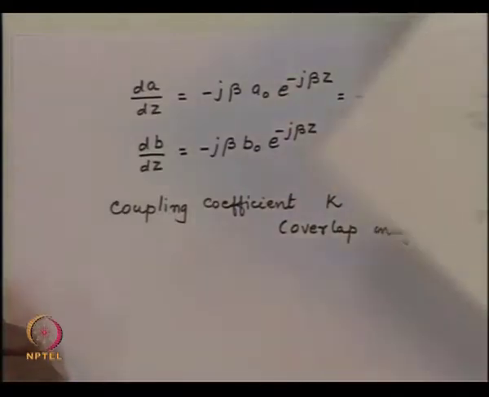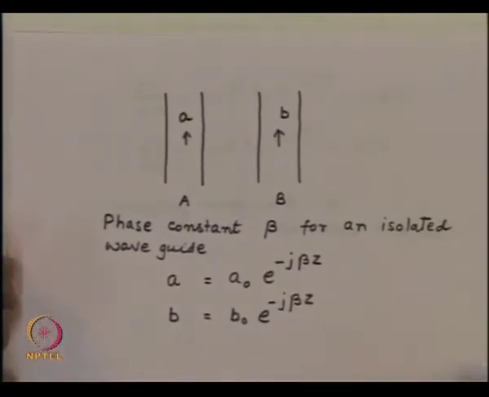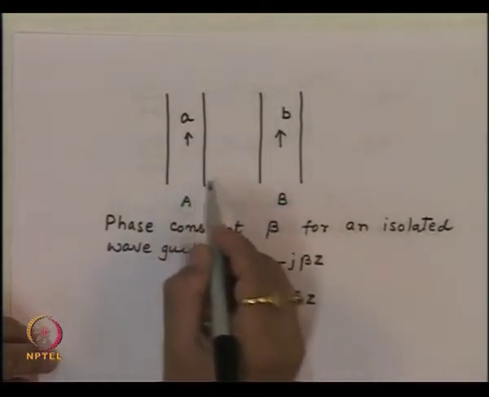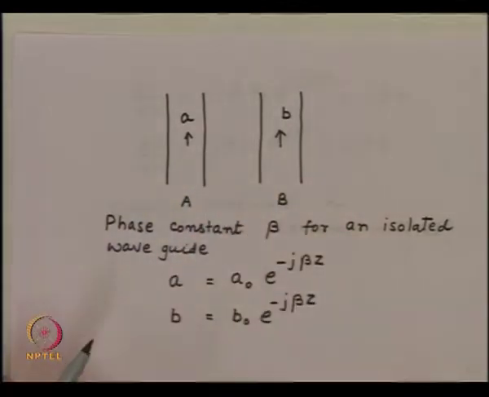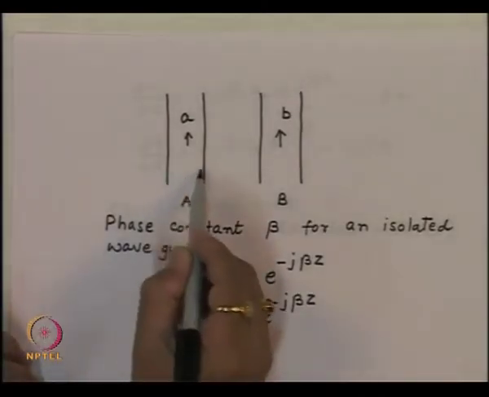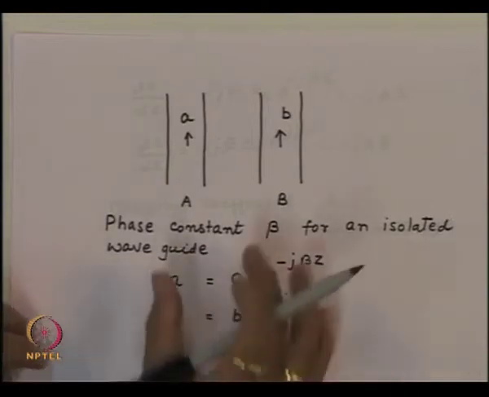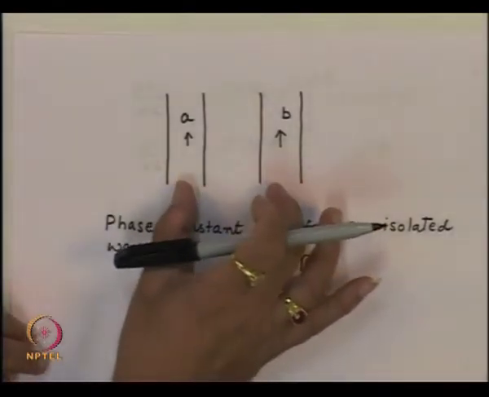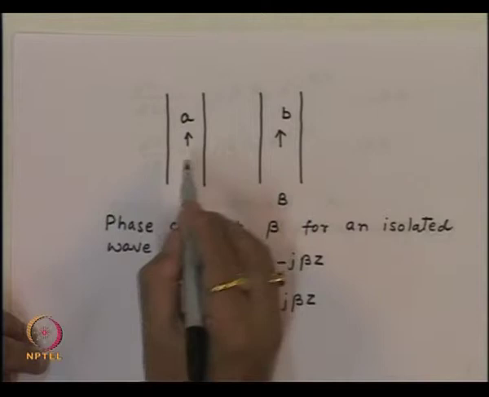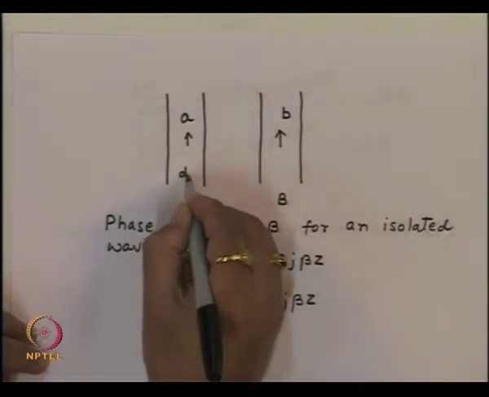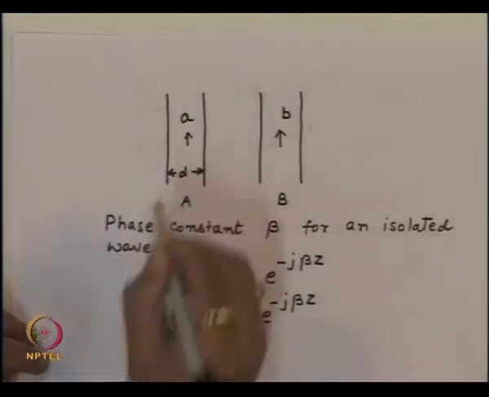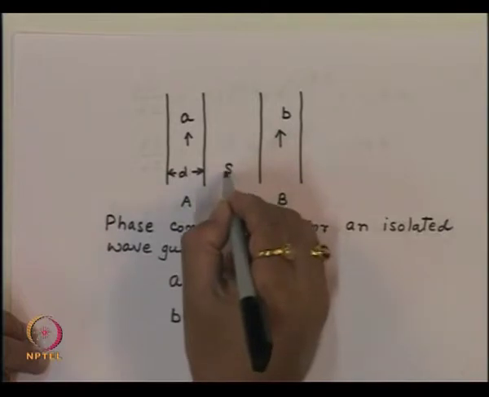Now, as we know from our analysis of optical fiber, the field distribution which is going to be there in this region depends upon many parameters. It depends upon what is the width of this waveguide. It will depend upon the size of this waveguide. It will also depend upon the spacing of the waveguides.